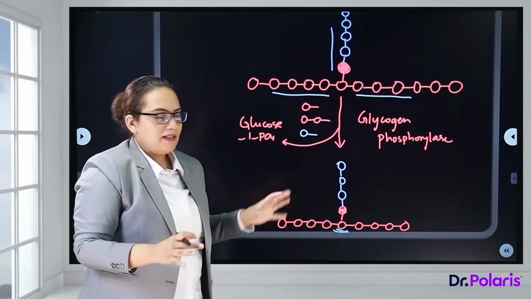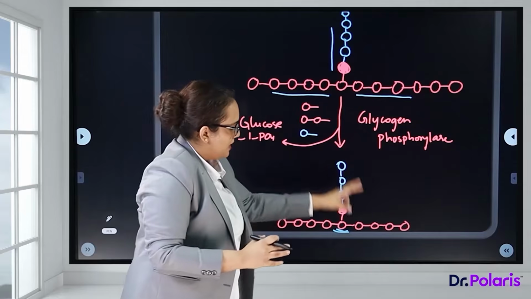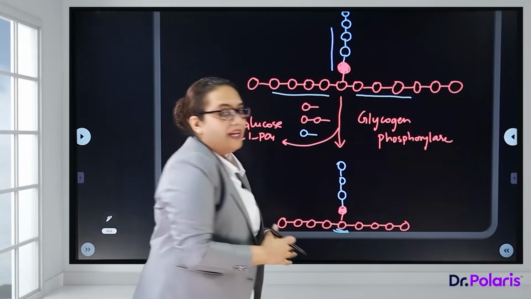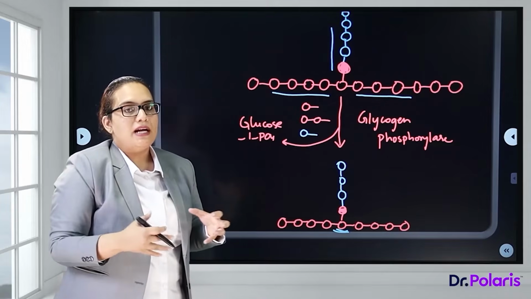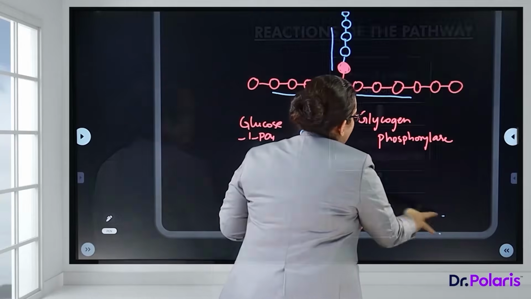So this is the end result after glycogen phosphorylase acts. There should be 4 glucose units on any side of the branch point. Once this is done, the next enzyme acting is the debranching enzyme, where the branch point is removed. So let's have a look at how that happens.